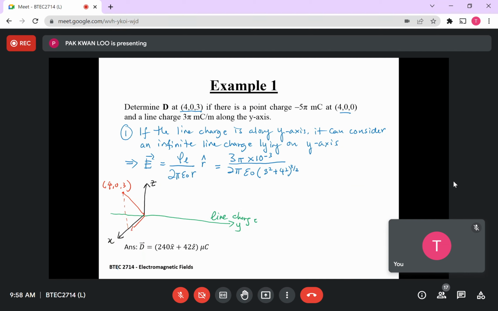Here is 4, here is 3. So by right, we should write this as 4x cap plus 3z cap, right?